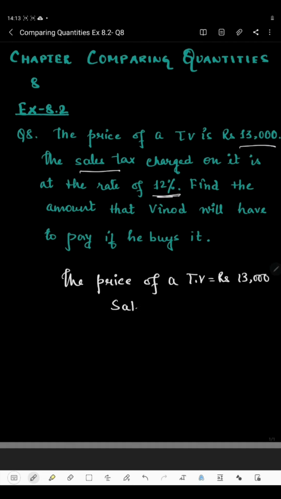Here sales tax is 12% of the price of the item. Like here the price of a TV is 13,000, so we can find the sales tax by multiplying the percentage into the price of the item. In this case the cost of a TV is 13,000, so we will have to find 12% of 13,000 to get the sales tax.